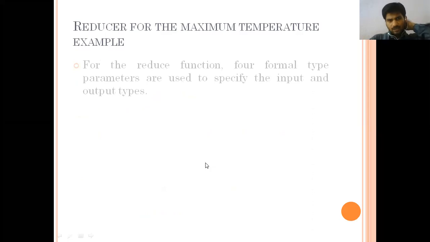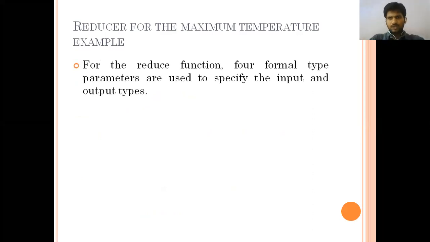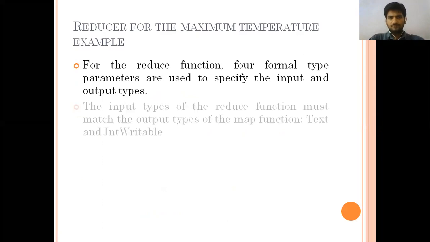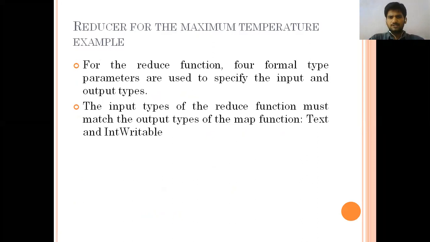See this. For the reduce function, we have 4 formal parameters used to specify the input and output types. So again, what the input and what the output is, is specified by these parameters. The input type of the reduce function must match the output types of the map function.